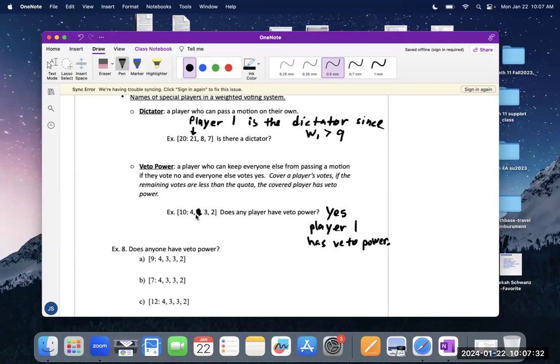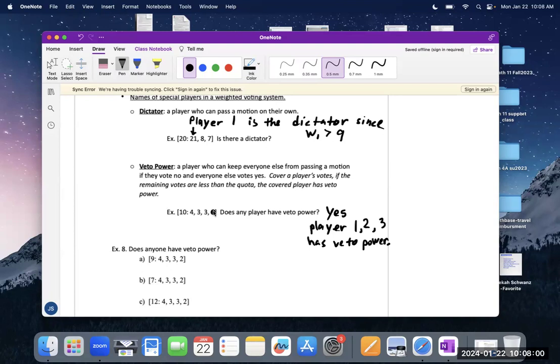So player 2 also has veto power, because if he does not vote, then the rest of everybody else can't make it pass without that one person. So he does have veto power. And since player 3 has the same amount, player 3 will also have veto power.